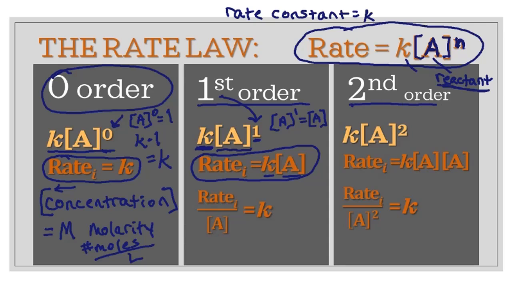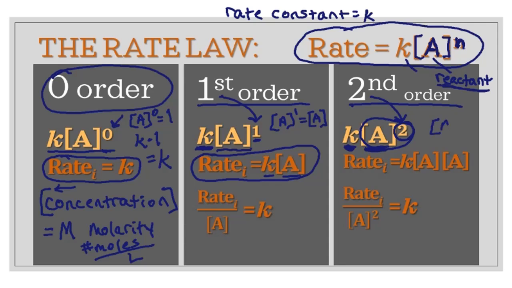Now the second order means that this exponent is going to be 2. We're going to raise this to the second power. So we're going to have the rate constant, which is k, times the concentration of A raised to the second power. The order of operations in math is that you always do the exponent first. So don't multiply k times the concentration of A and then raise it to the second power.